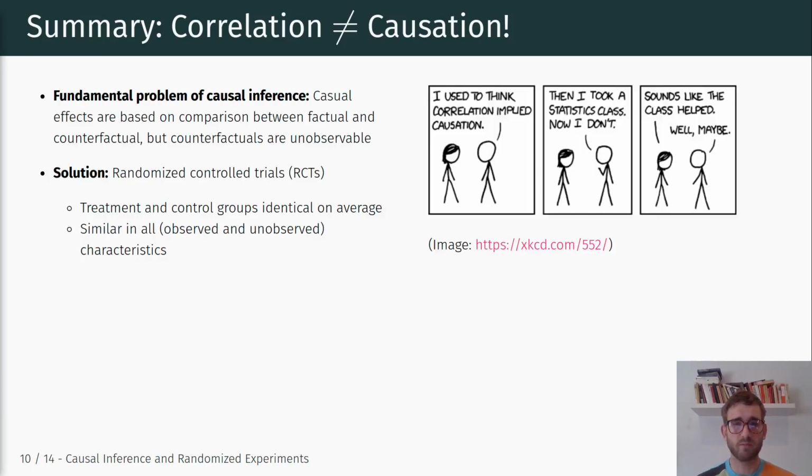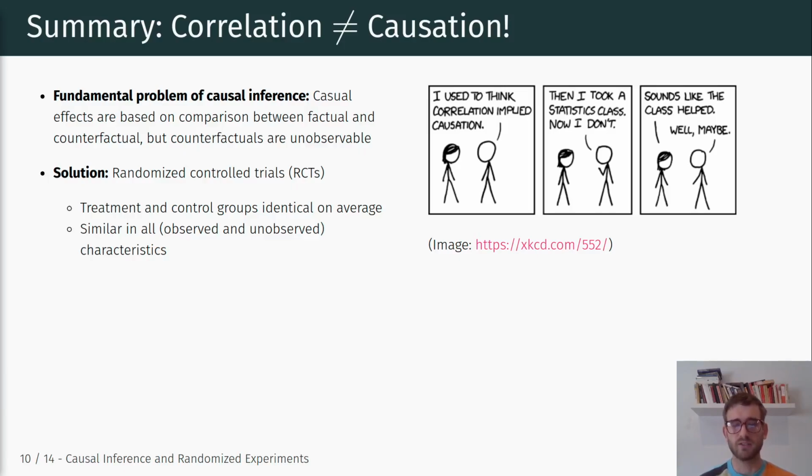Making inferences about causal effects is much more difficult and requires more assumptions. The underlying reason is that we have this fundamental problem of causal inference. Causal effects, by definition, are based on the comparison between a factual and a counterfactual, but these counterfactuals are inherently unobservable.